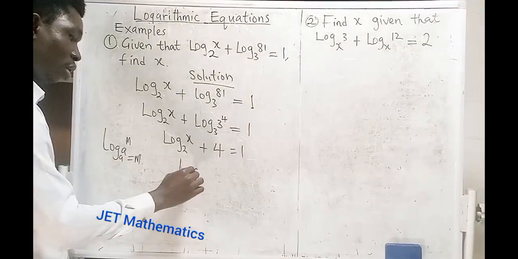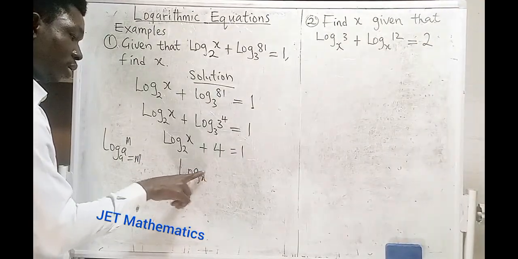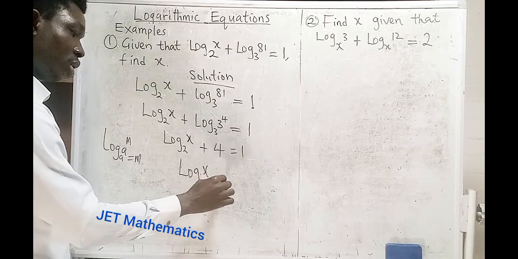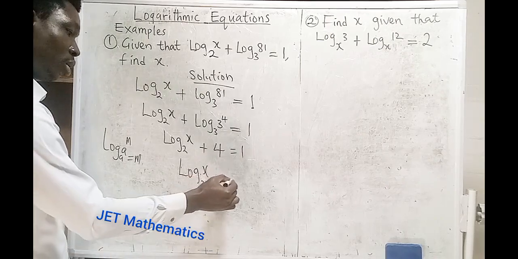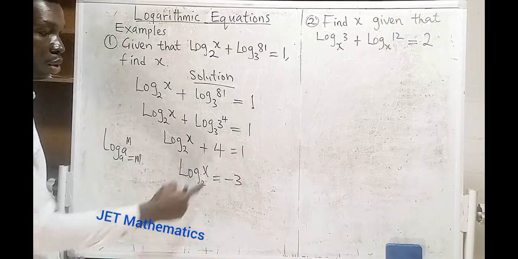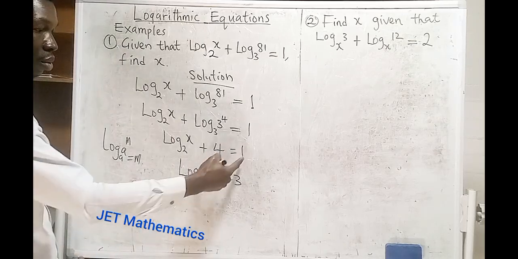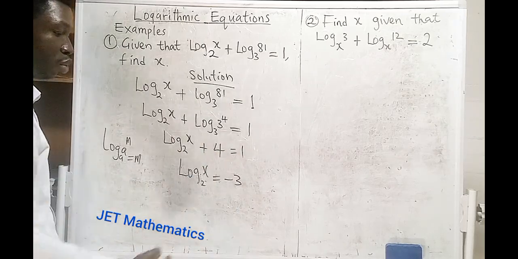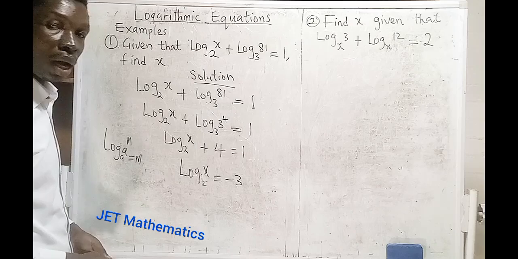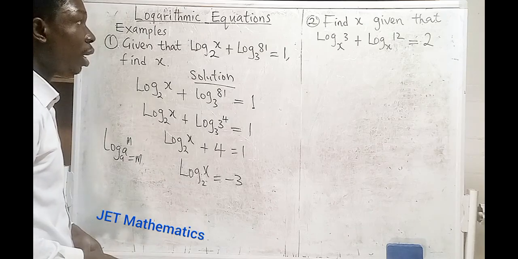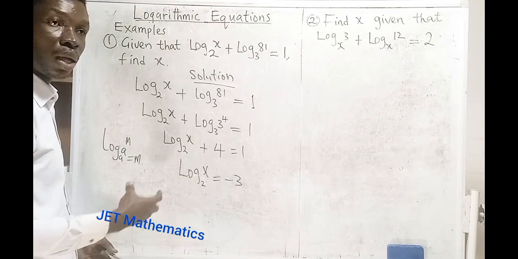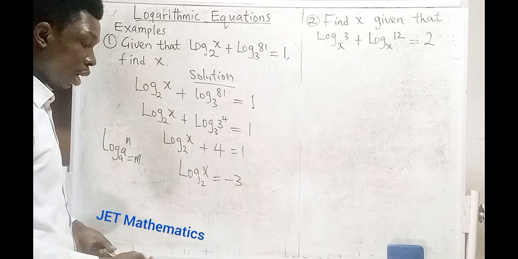So here we have log x to base 2 is equal to minus 3. If we take plus 4 this way, it becomes 1 minus 4, and 1 minus 4 gives us minus 3. Here we'll apply the relationship between logarithm and indices.